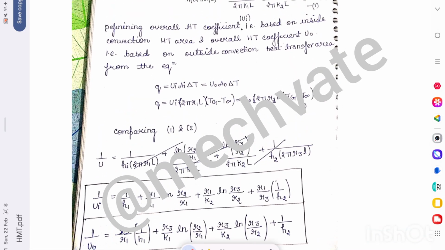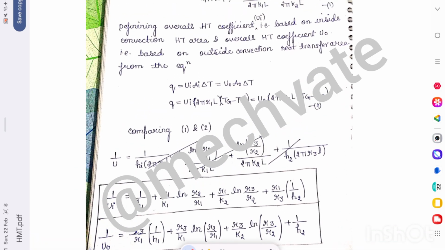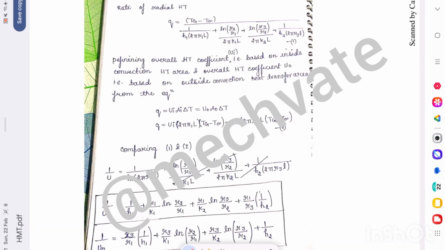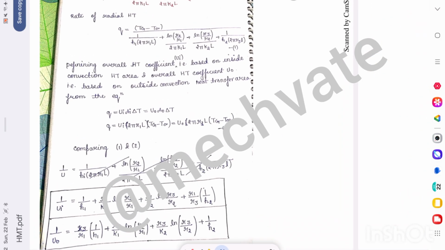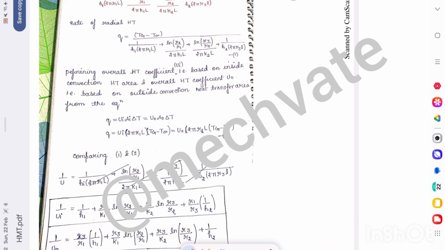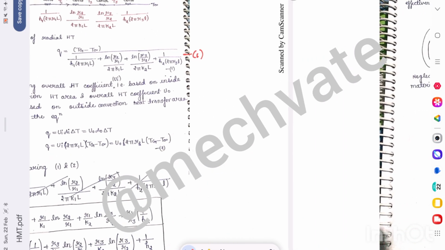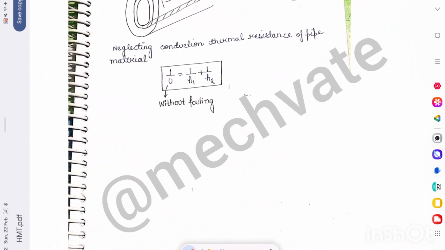So on substituting the values, the final value of the overall heat transfer coefficient comes out to be like this. This is equation number 1 and this is equation number 2, and we can compare both equations.